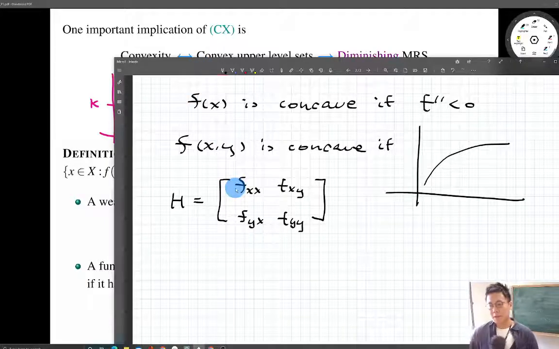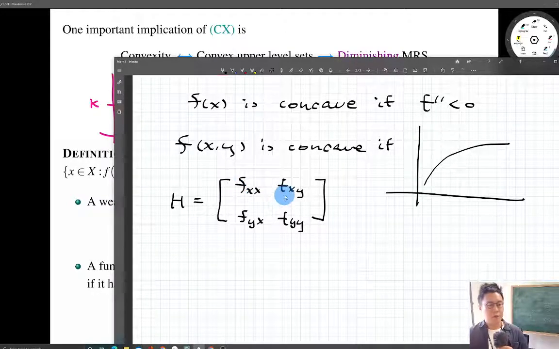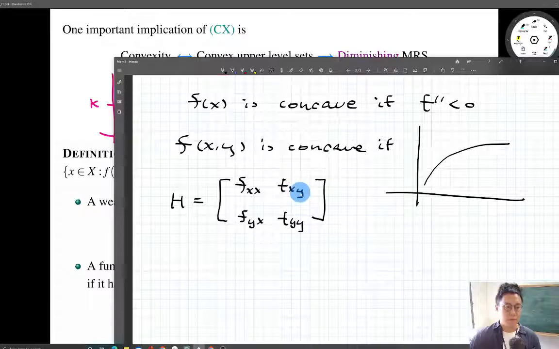So f sub xx is a second order derivative with respect to x. So we take the partial derivative with respect to x twice. And for this cross partial xy, we take the partial with respect to x and with respect to y. Okay? And now if we change the order, it does not matter because these two are the same. And the last is the second order partial derivative with respect to y alone.